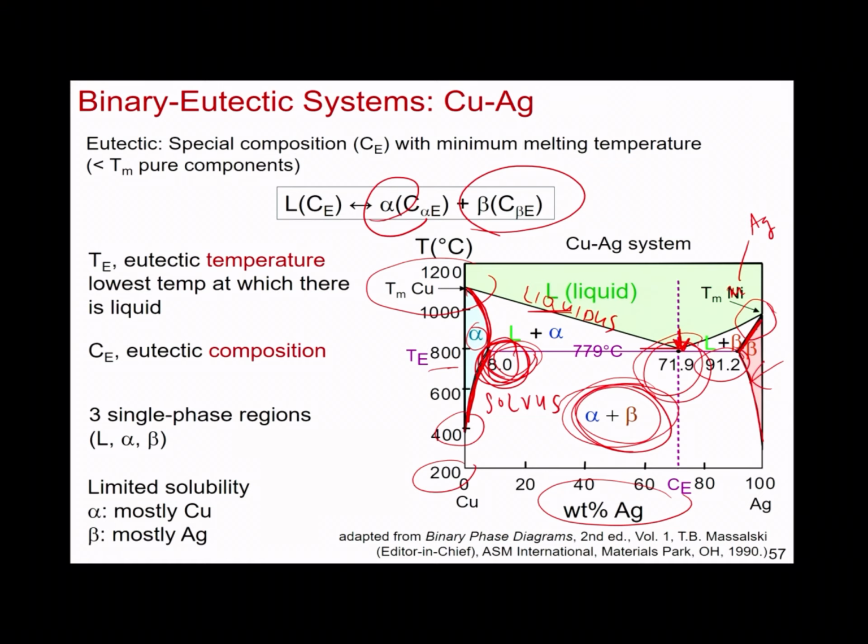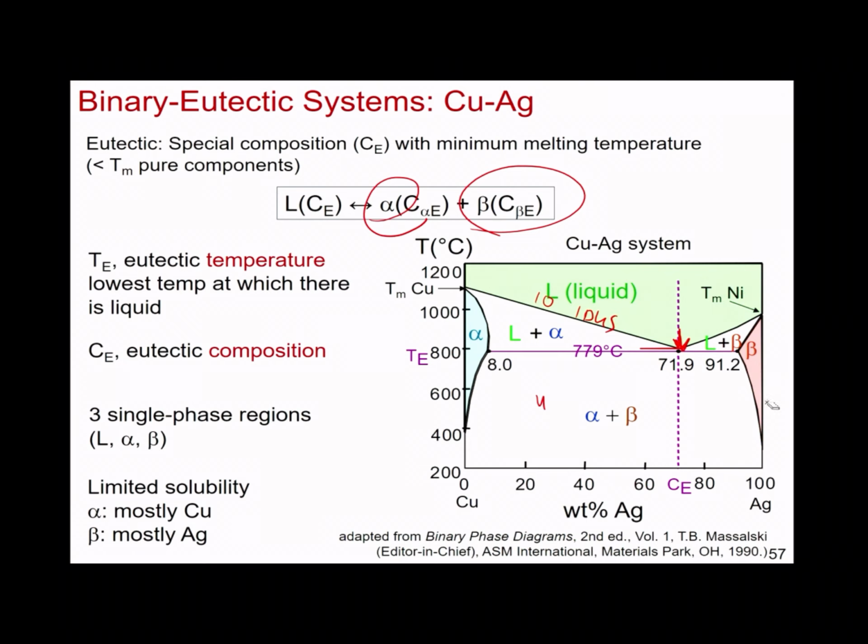Okay. So let me erase some of these markings just so I can be a little bit more clear. Although this is still wrong, it's still silver. So let's look at the two-phase regions, right? You have multiple of them.